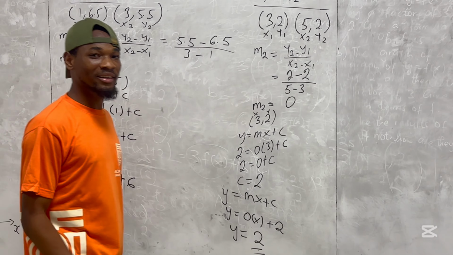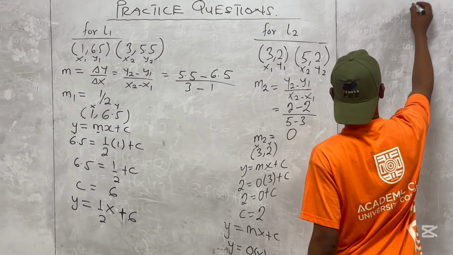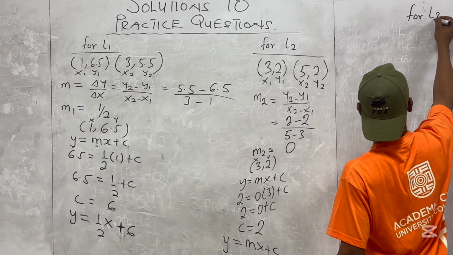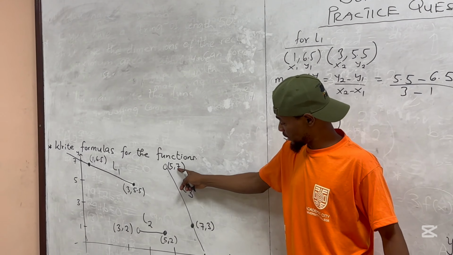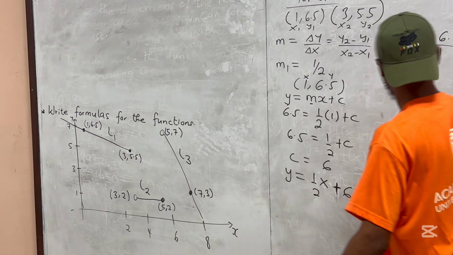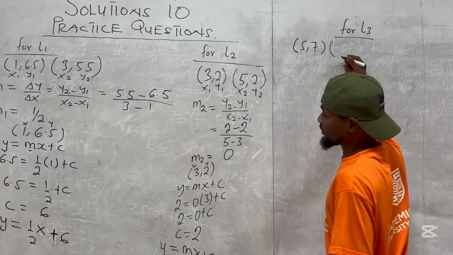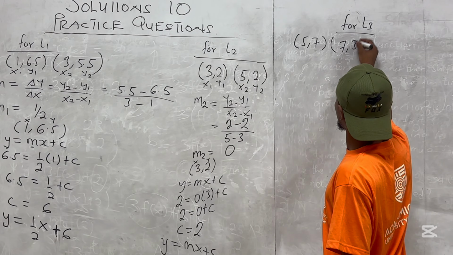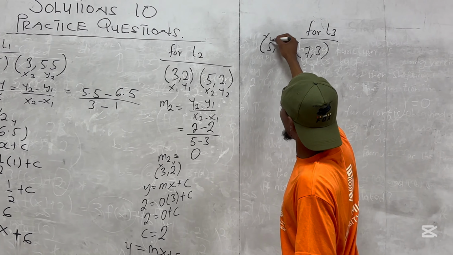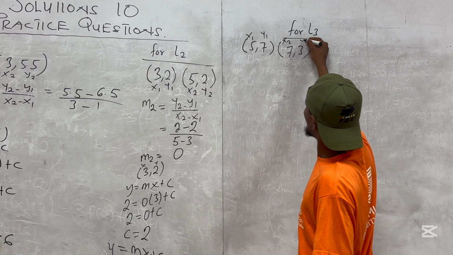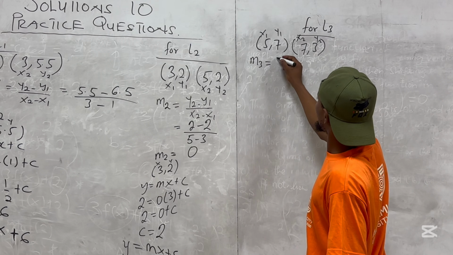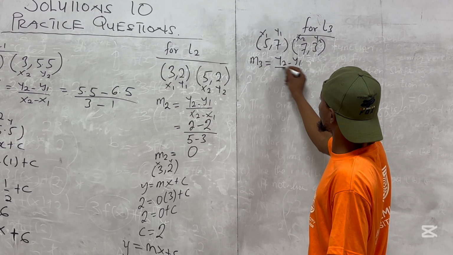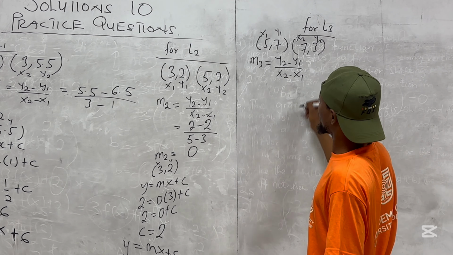And the third one is, for L3, this and that, okay? So I have the point 5, 7, and 7, 3. So x1, y1, x2, y2. So gradient 3 is equal to y2 minus y1 over x2 minus x1.